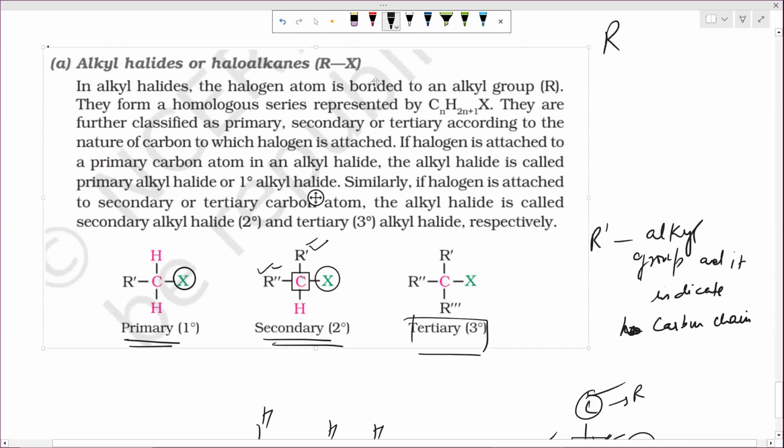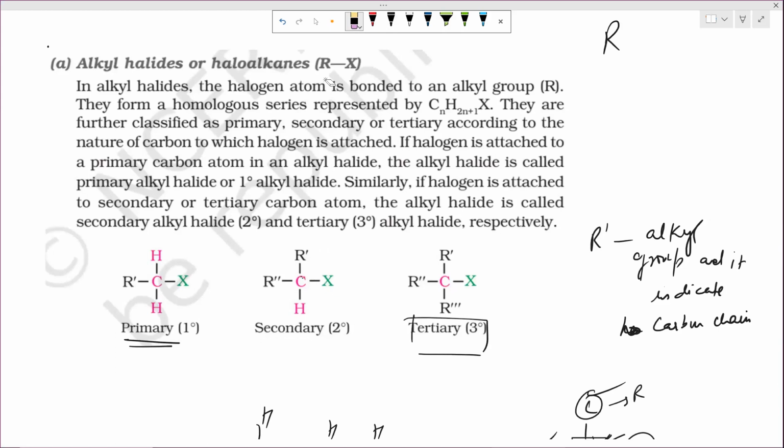Yes, okay, sir. So just note down: alkyl halides, haloalkanes, and just draw this portion that we have written, primary, secondary, and tertiary respectively.